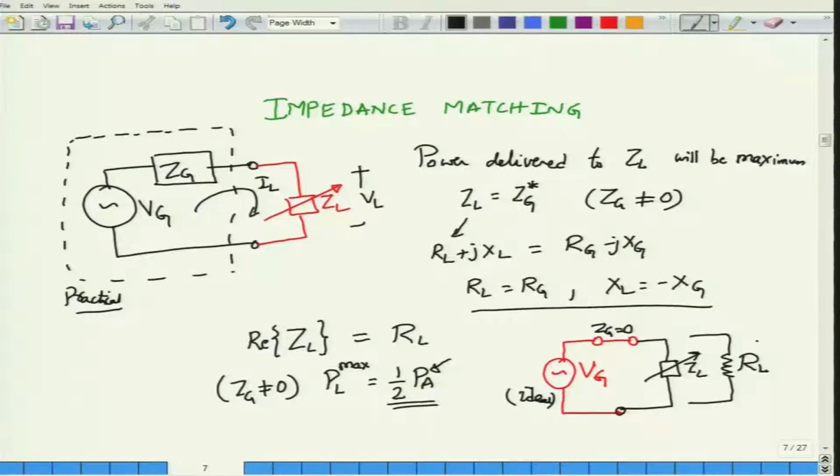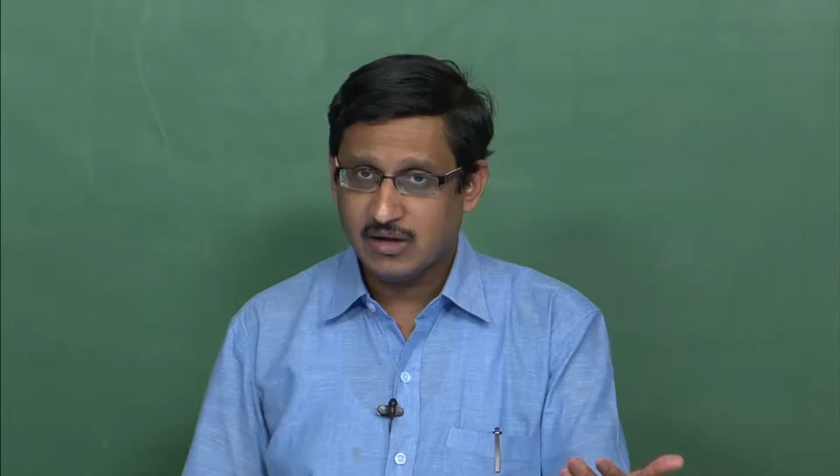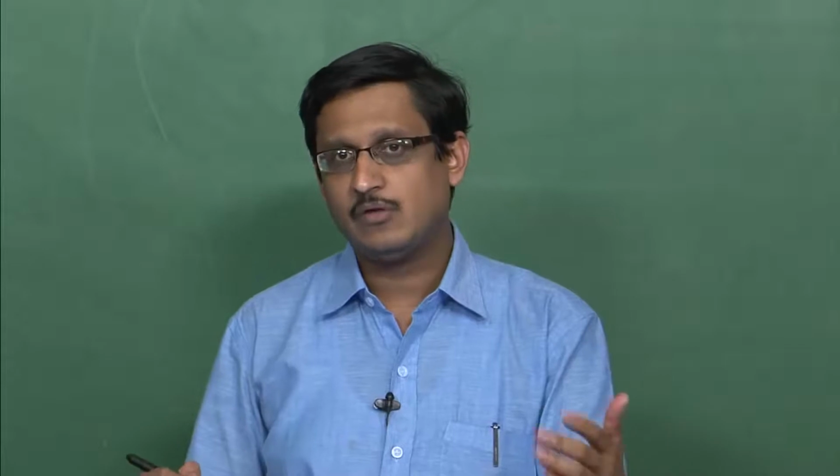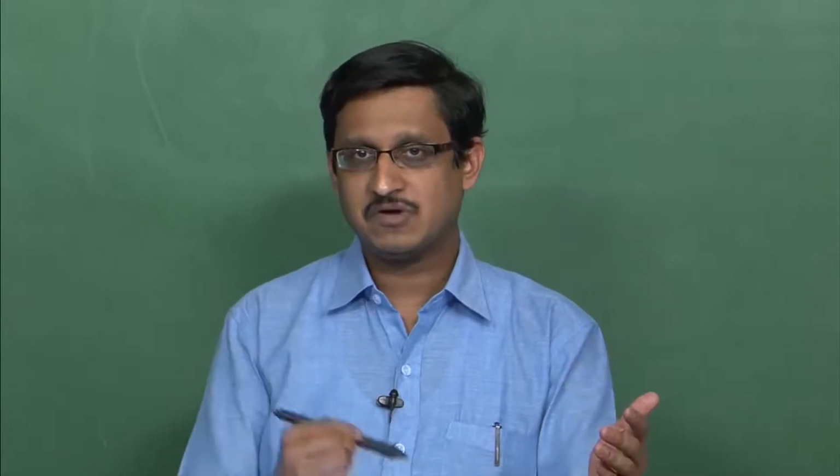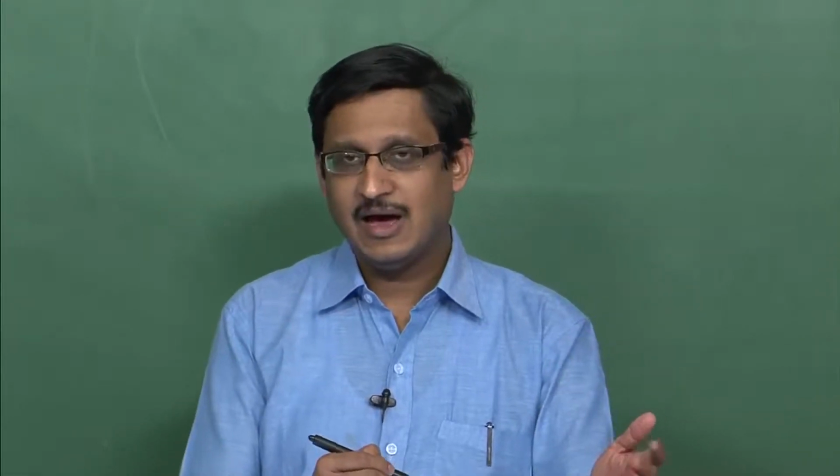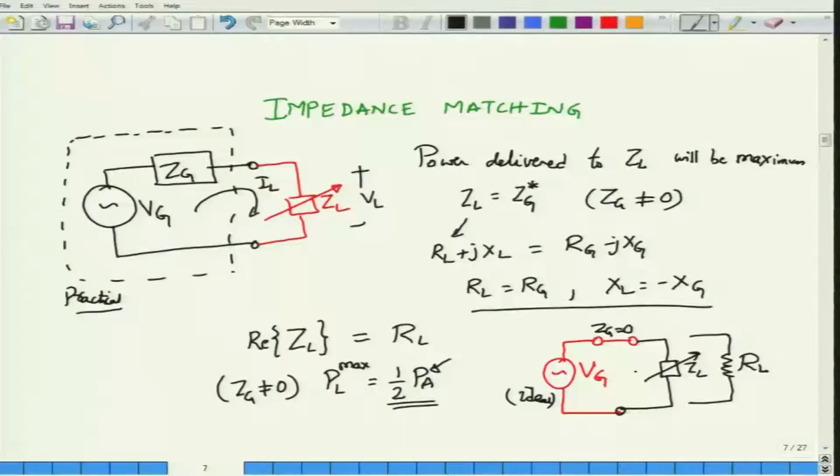For now if I just take the same value of RL in both cases, okay, I can do so because the load is under my control, I am varying the load, I can take whatever value of RL I want, and if I fix the value of RL to be the same for the imperfect or the practical case and the ideal case, I do obtain a certain power. What would be the power that I obtain in the ideal case? I will obtain Vg squared divided by 2RL.